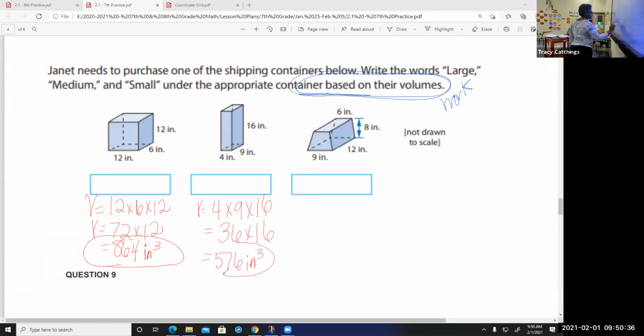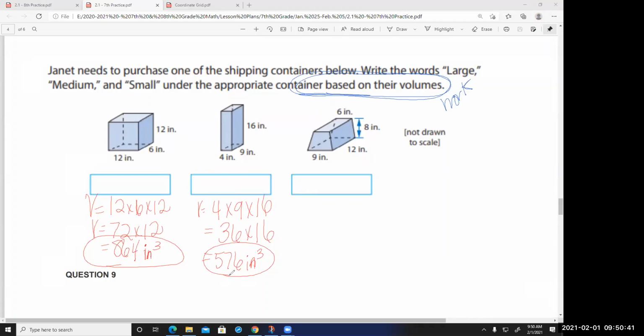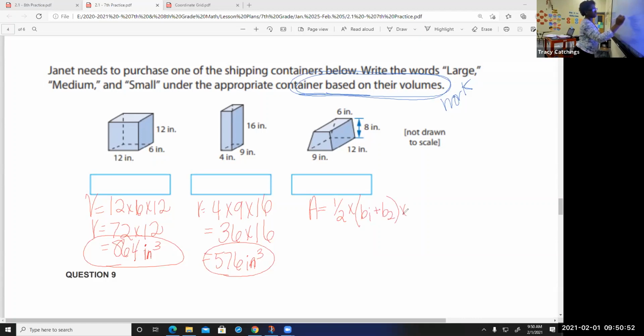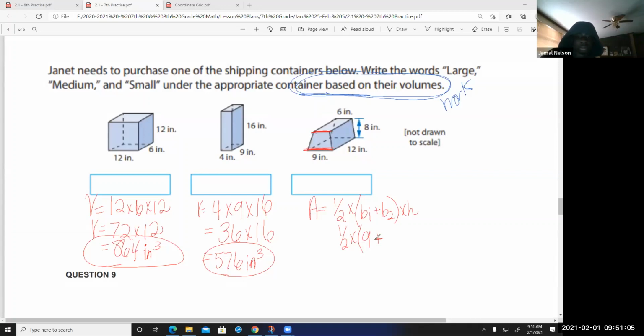All right, the third shape. What kind of prism is that? That's a trapezoid. First, you find the area of the trapezoid. The formula is 1/2 times base 1 plus base 2 times the height. What is base 1? 9. Base 2? 6.